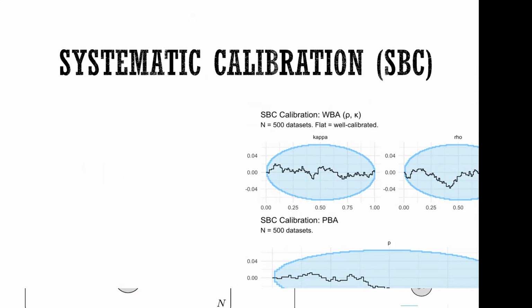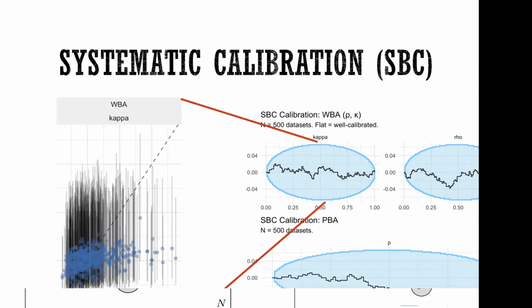And then we repeat that 1,000 times, and we would want to have a flat distribution. What we see here is that even if it's not perfect, all three parameters, so the rho from the PBA, and the kappa and the rho from the WBA, look as if they're calibrated.